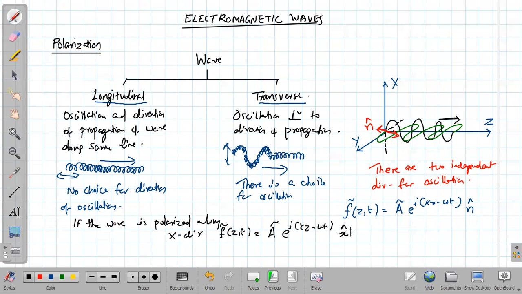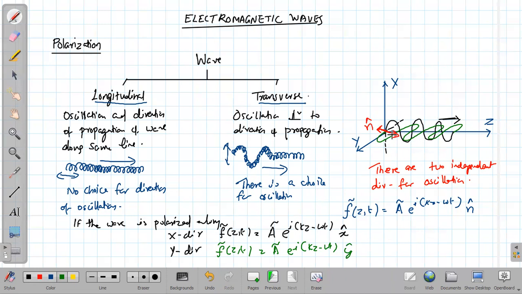If it is polarized along y direction, then f tilde of z, t is a tilde e raised to i(kz minus omega t) y cap. I am putting this y direction in green color.